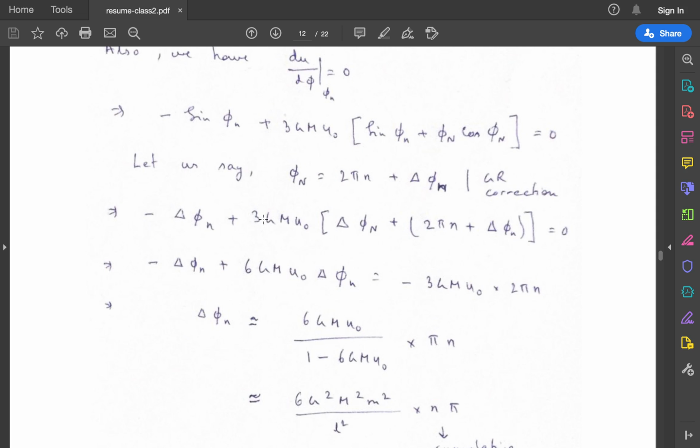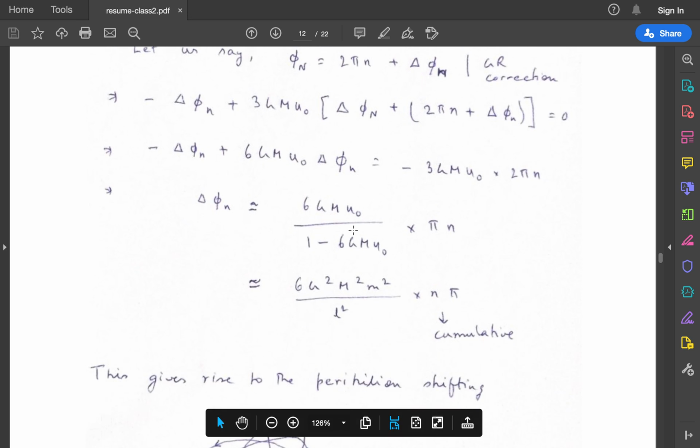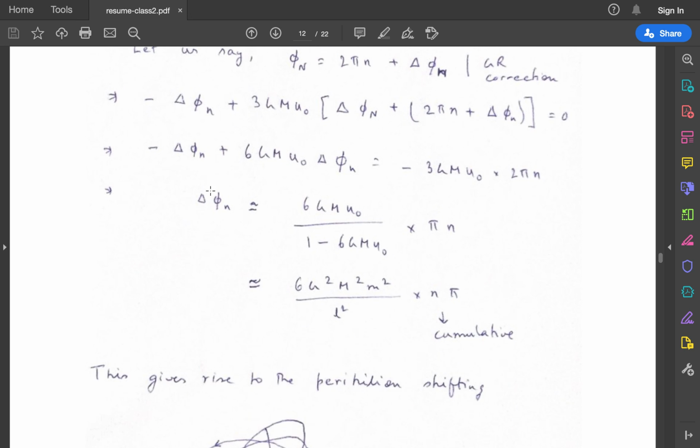What we get is this equation, and if I solve it for φn, this is the total equation for the change in φn. It gives us the change in φ as φn goes from 0 to 2π. For small delta φn, for every φ it moves, this can be given in terms of 6GM m² by L², times nπ. This is the cumulative nπ.